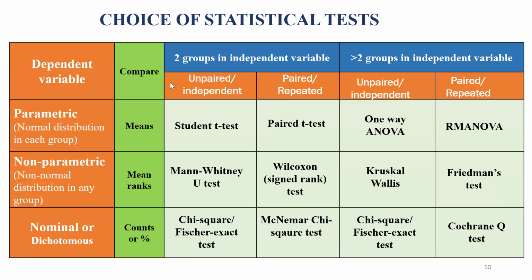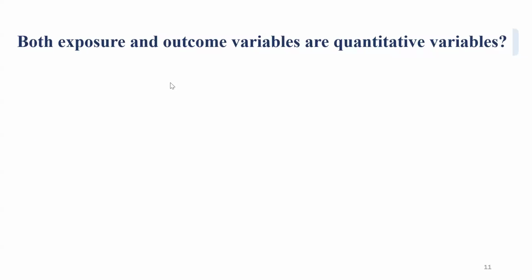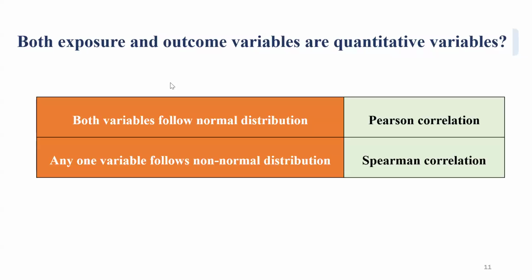Depending upon whether our outcome variable is continuous or if it is following the normal distribution or not, whether our independent variable is paired, how many groups we have, whether 2 groups, more than 2 groups, paired or unpaired, all these things we need to take into consideration to choose an ideal statistical test. I hope we are very much late by time, and I will just quickly finish off with these concepts.